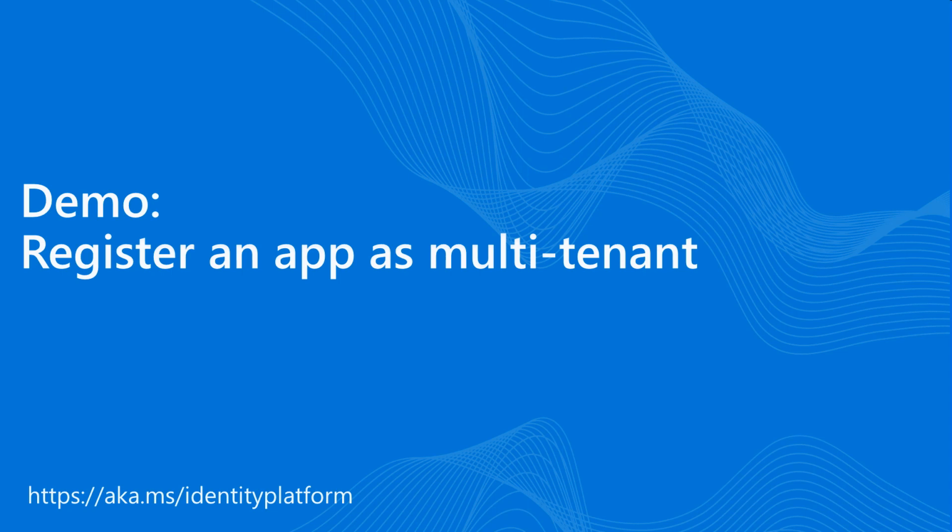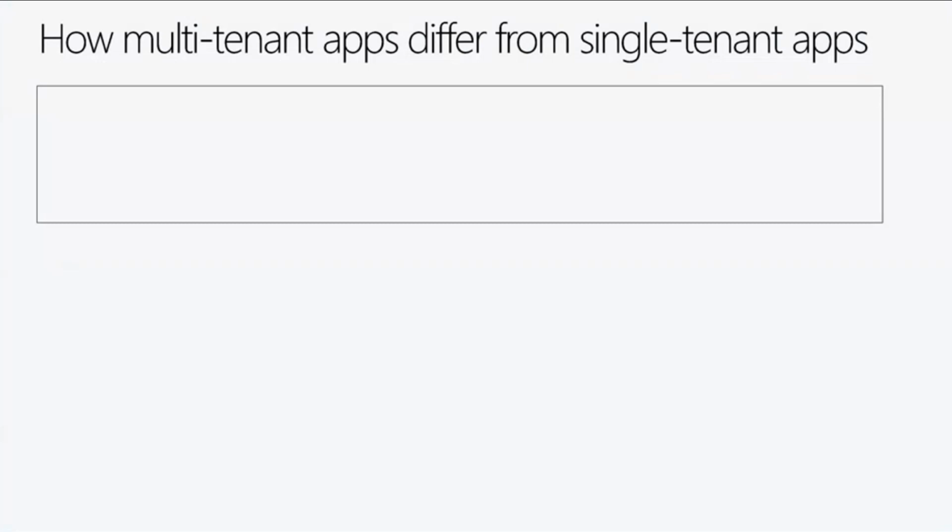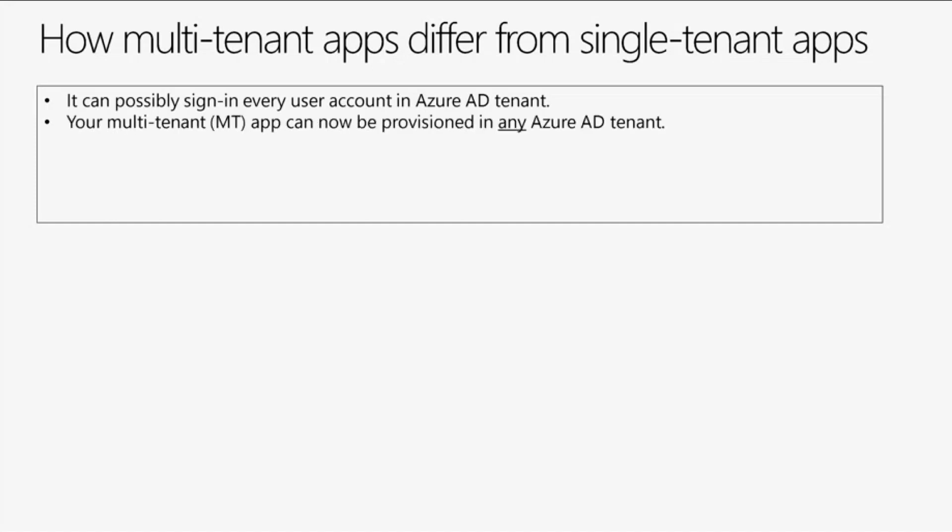Of course, in a real application, I would be making a lot more of these settings before I start using it. Moving on, just to give a quick summary of how multi-tenant applications differ from single tenant. This multi-tenant app can possibly sign in every user in every Azure AD tenant out there. That's the first thing.